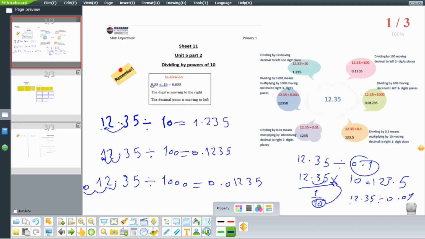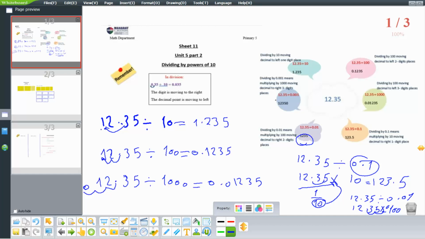Take care, we have two decimal places, so it will be multiplied by 100. Did you get the idea? So it will be 1235, because we are going to move the decimal point to the right. Put it here and put 0 if you want; if you don't want, it's okay.